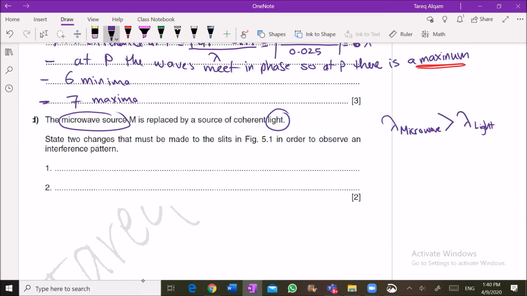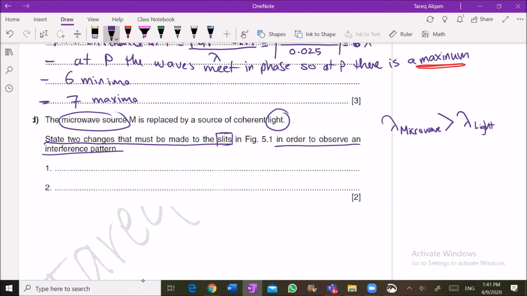Okay, state two changes, pay attention, that must be made to the slit in order to observe an interference pattern. Okay guys, before this, what can we do for the slit?